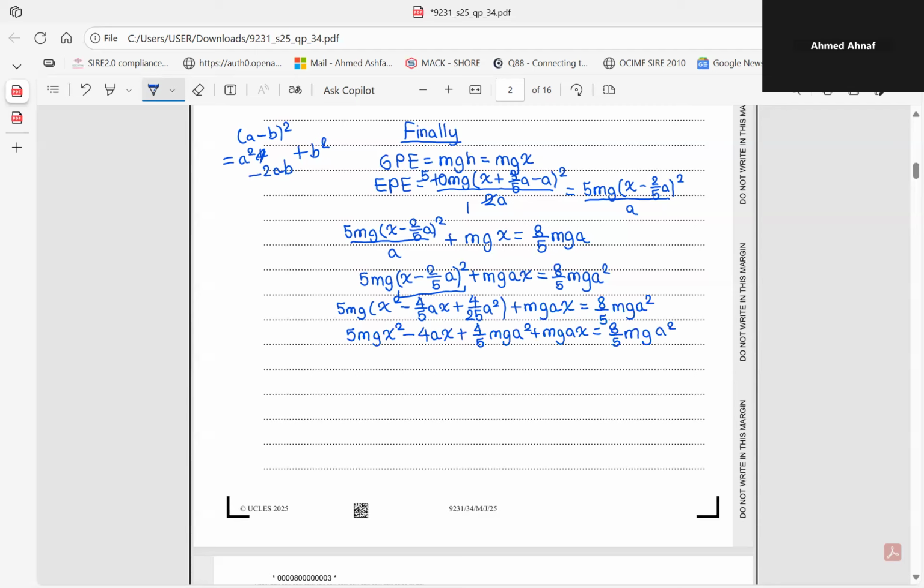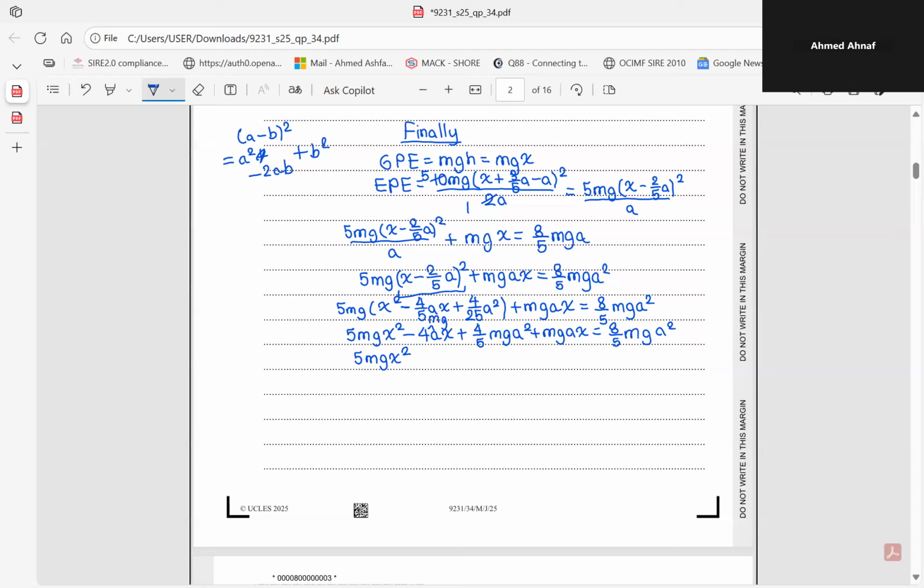Okay, now let's move everything to the left-hand side and group all the like terms together. So we have 5mgx squared minus 4ax plus mgax. Oh, sorry, this is supposed to be mgax.